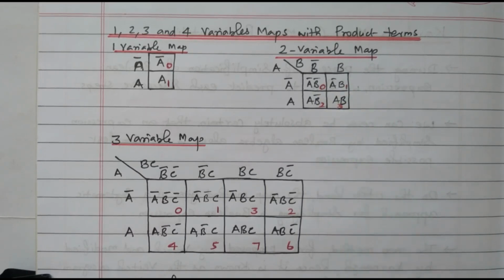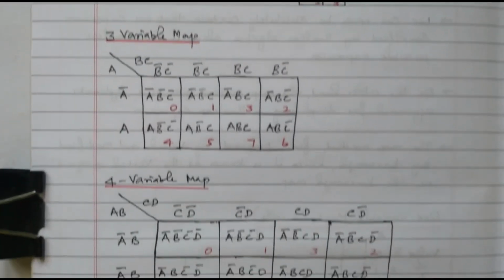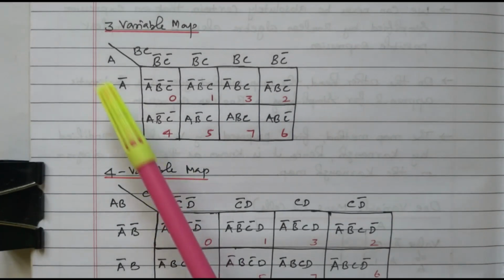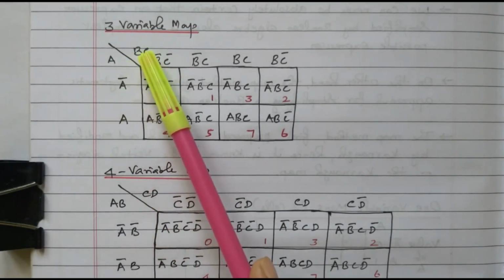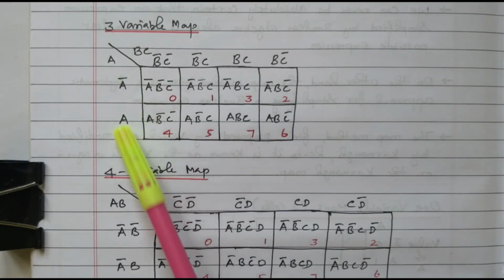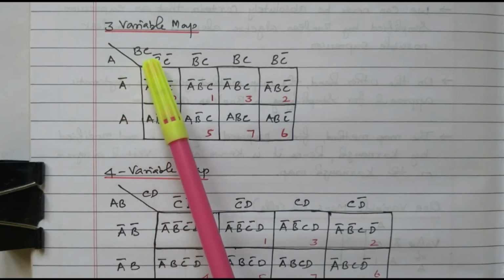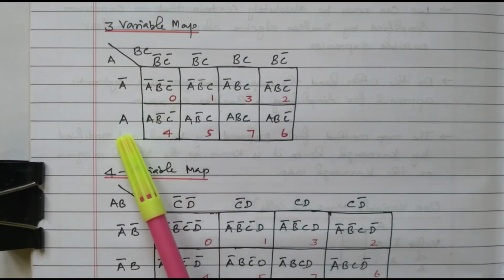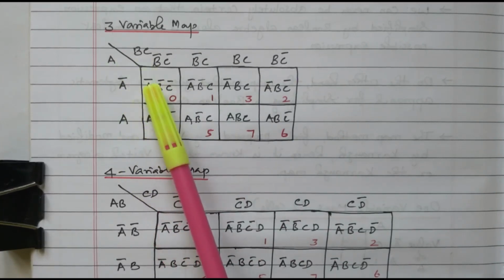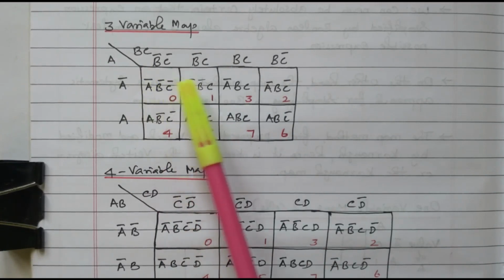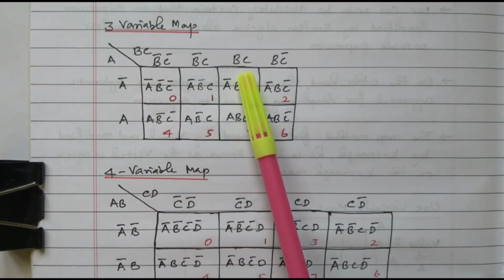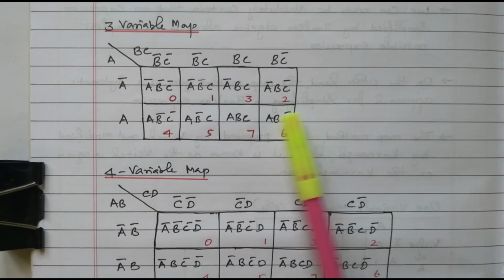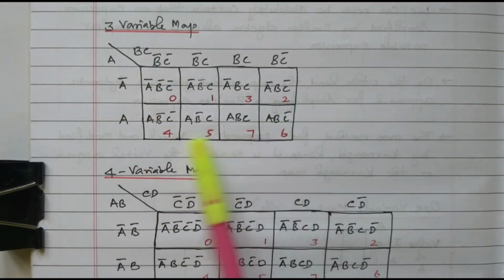Now we'll consider the 3 variable map. Let us consider 3 variables A, B, C. A is represented vertically. B and C are represented horizontally. So A has 2 options, A bar, A. B, C have 4 options: B bar, C bar, B bar, C, B, C, B, C bar. Because of 3 variables, we have 8 possibilities, 2 to the power 3.